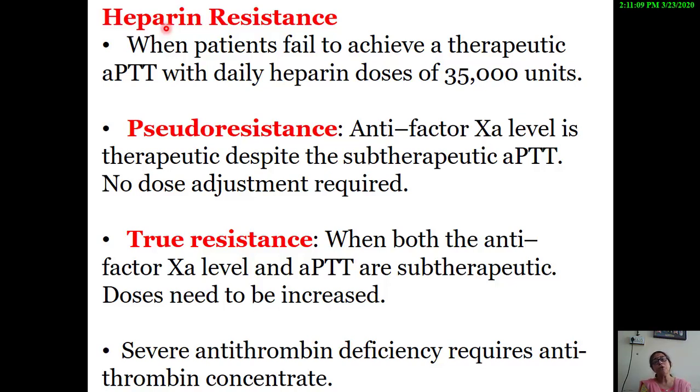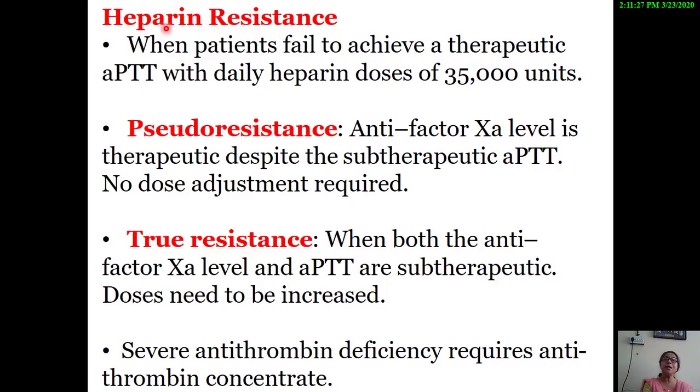So when we do this anti-factor 10A level measurement, we see that in the case of true resistance, there is a decrease in the anti-factor 10A level, whereas in the pseudo resistance, the anti-factor 10A level is normal or therapeutic.